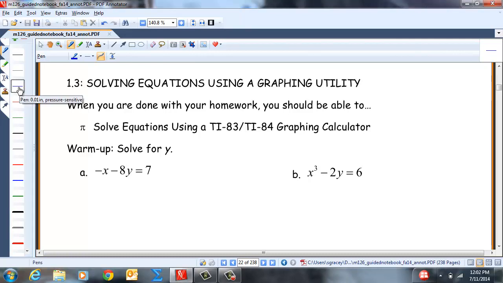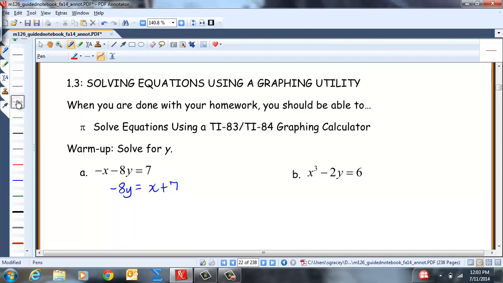This is a very important skill, what this warm up is for when you're using the graphing calculator, because you need to isolate the dependent variable in terms of the independent variable in order to graph things on your graphing calculator. So let's see what we have going on. If we add x to both sides, we will have negative 8y is equal to x plus 7.